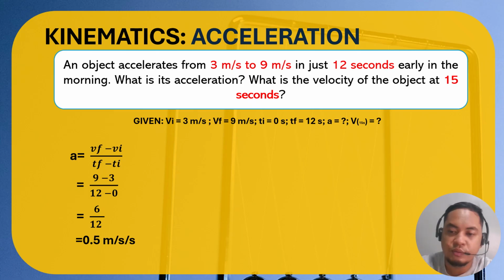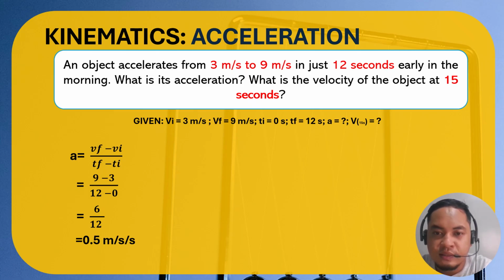Now we have the acceleration. We will be adding this acceleration to our velocity, from 3, that's our initial velocity.